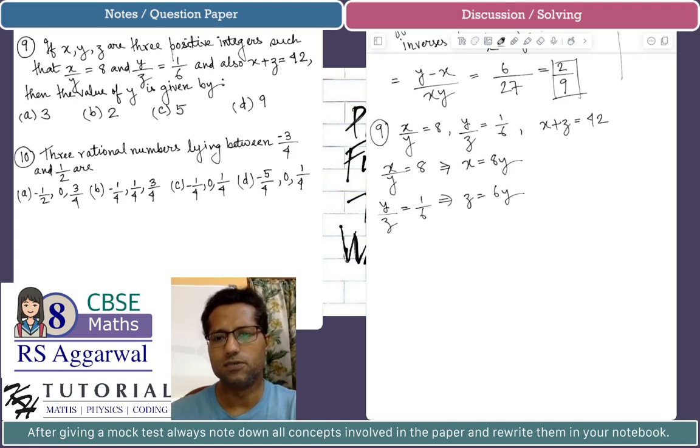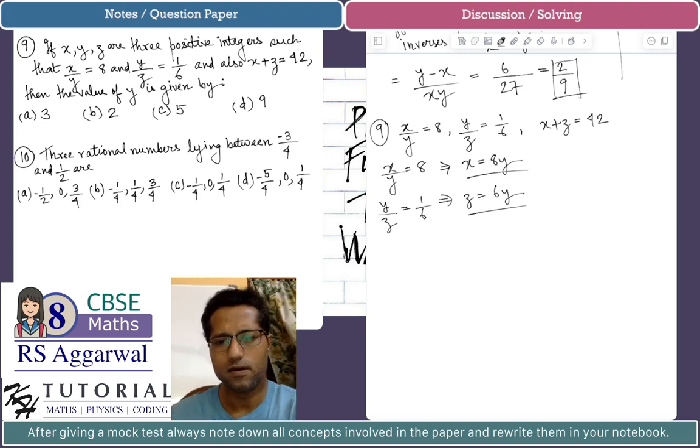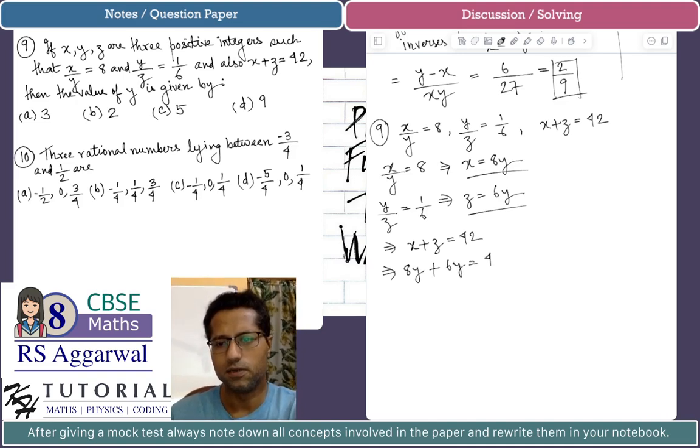Now putting the values of x and z in terms of y in the third equation, we know that x plus z is given to be 42. This implies 8y plus 6y equals 42.